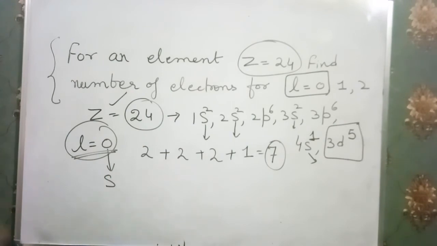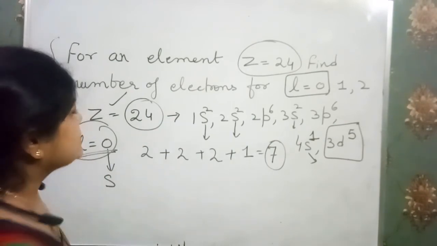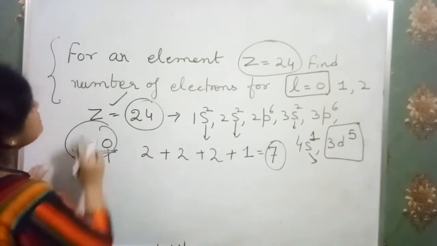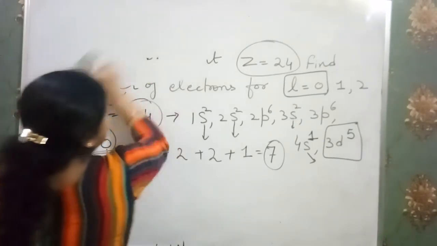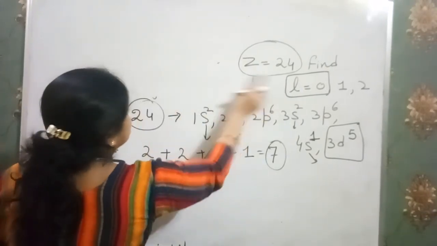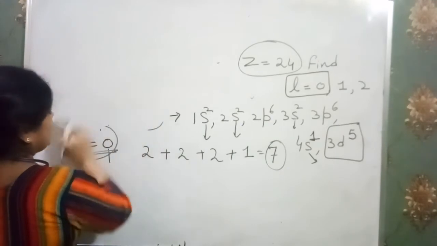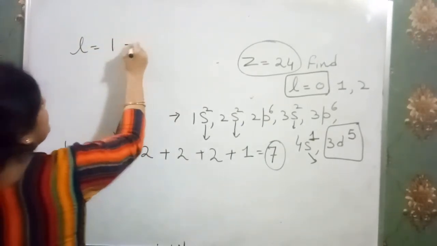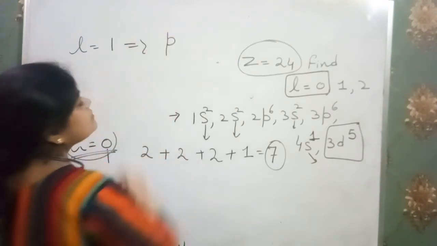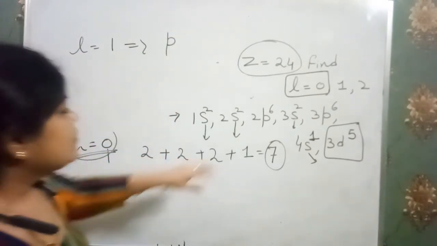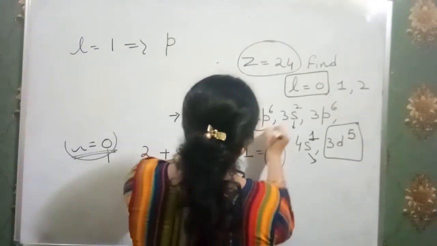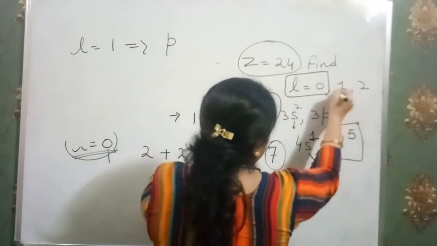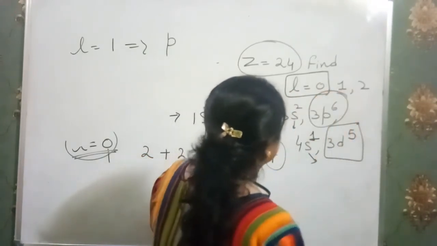Okay. Now another case, when L is equal to 1. For 1 we have p orbitals. Now we have this p and this p. Clear?